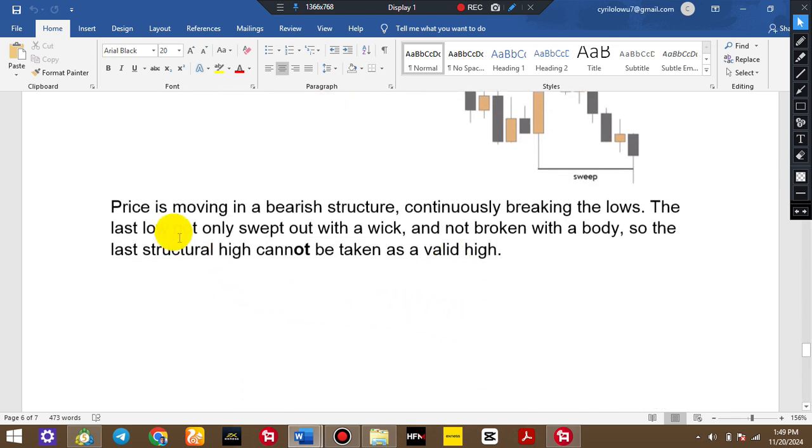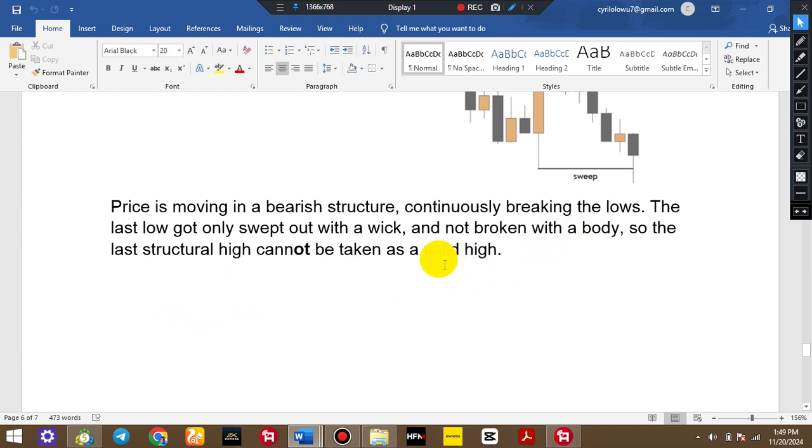Price is moving in a bearish structure continuously, breaking the lows. The last low got only swept out with a wick and not broken with a body. Can you see now? There was not a body break there.